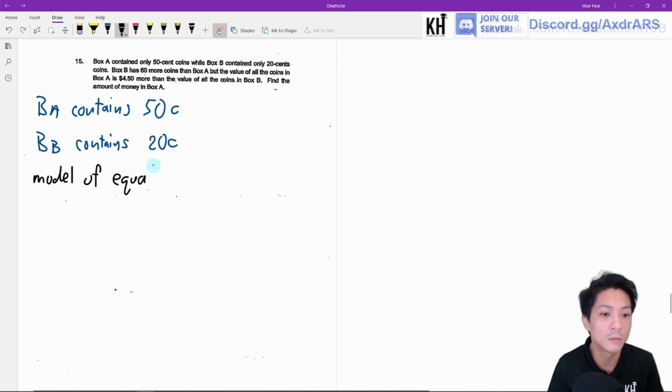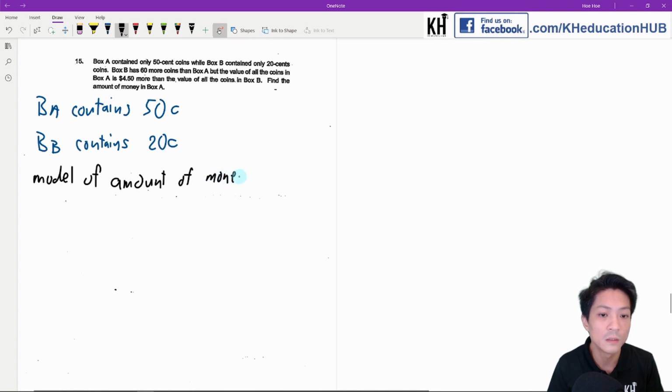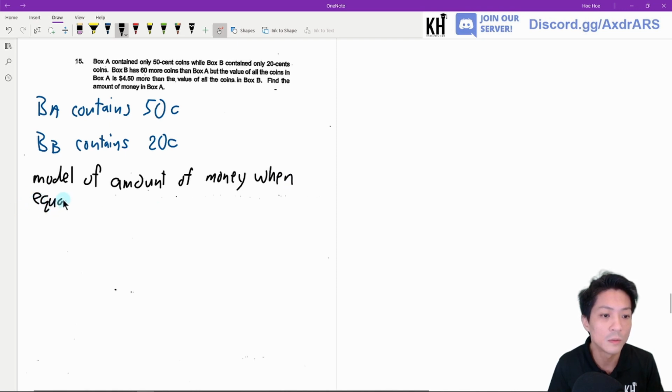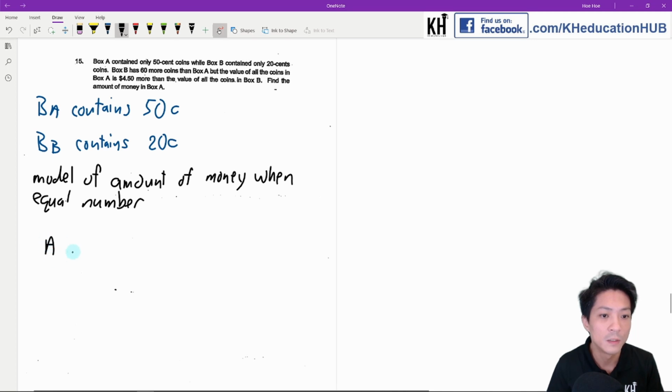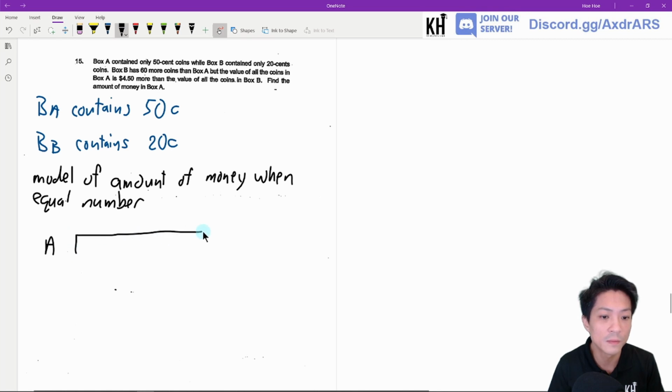So the model of the amount of money when equal number. So box A, which is 50-cent coins, will have 5 units.